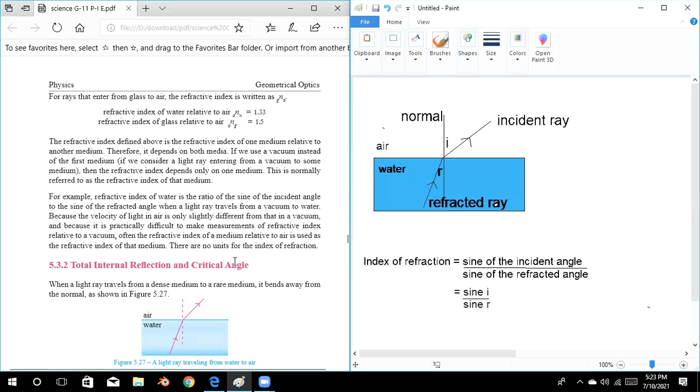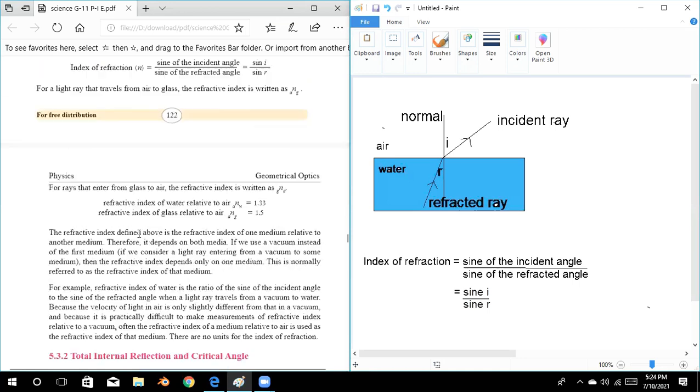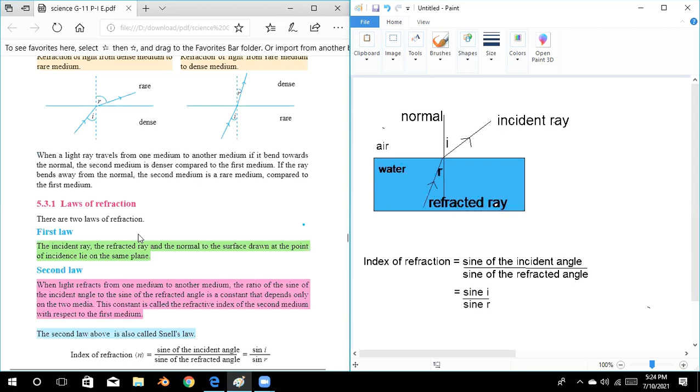There are no units for the index of refraction. Why? Because it is relative to the other medium, right? Those are the two laws of refraction.